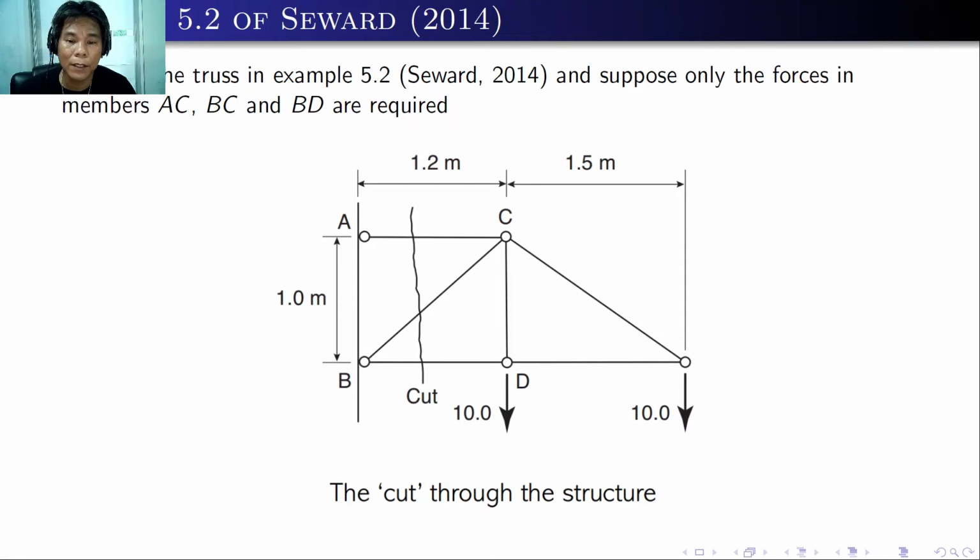Okay, so if we have to cut member AC, what will happen to the truss? It will rotate clockwise. Since it will rotate clockwise, then C is moving away from A, so member AC should be in tension. If we cut member BD, then again the truss will tend to rotate clockwise, so the joint D will move towards B. So this member BD should be in compression.